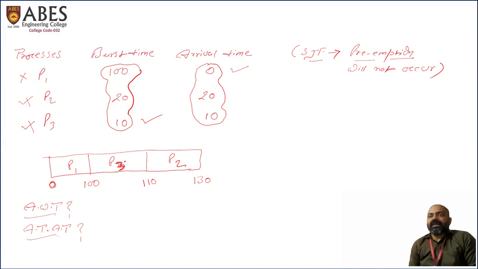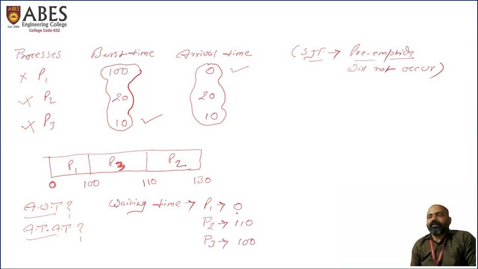So for this Gantt chart, we can see waiting time for P1, waiting time for P2, and waiting time for P3. So from the Gantt chart, this is 0 for P1, 110 for P2, and 100 for P3.